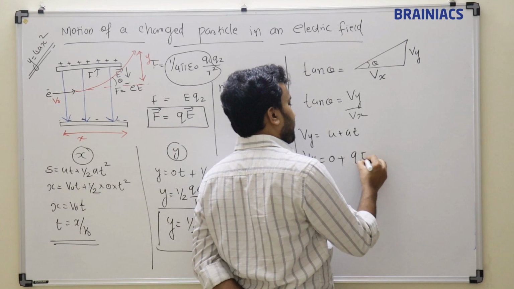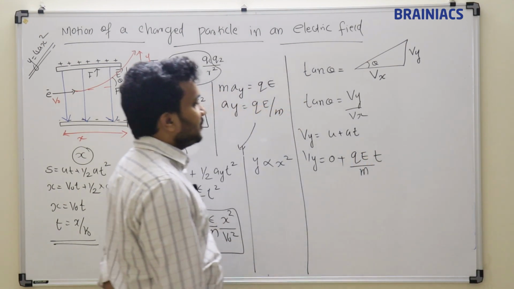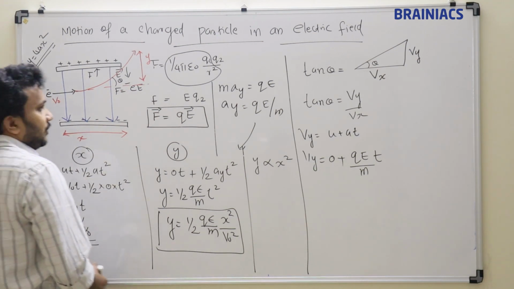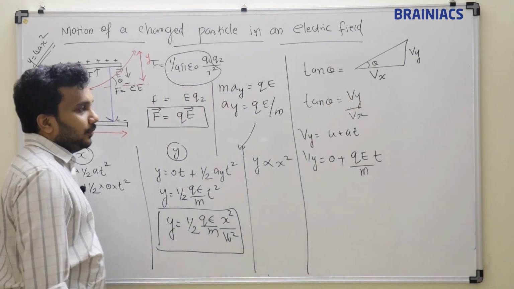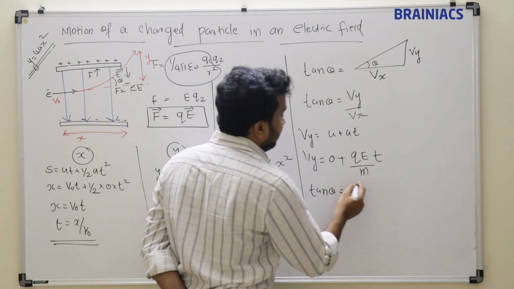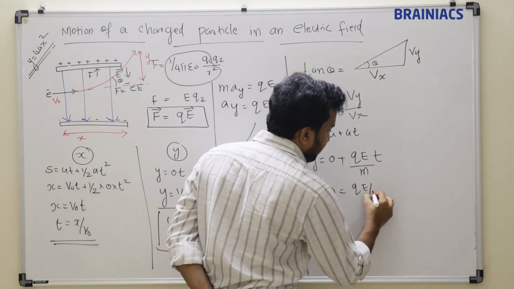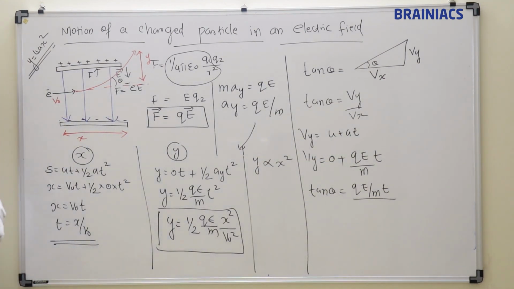So we will substitute QE by M into T. So this is the velocity in the Y direction and we know the velocity in the X direction is the initial velocity. Now we'll substitute tan theta equal to Vy by Vx. So Vy, QE divided by M into T, whole divided by Vx. What is Vx? Vx means velocity along the X direction.